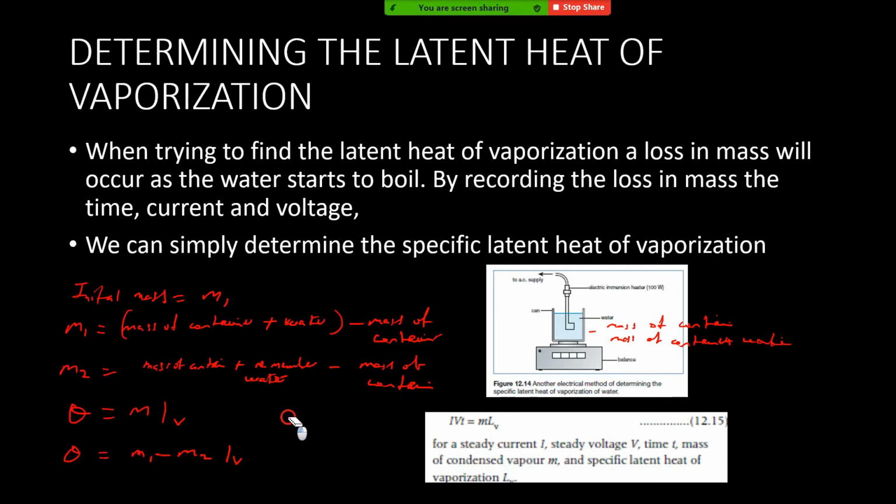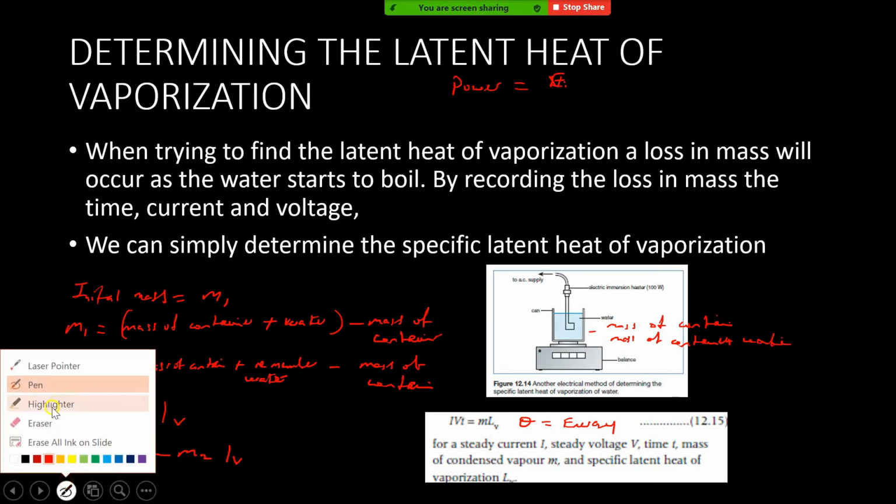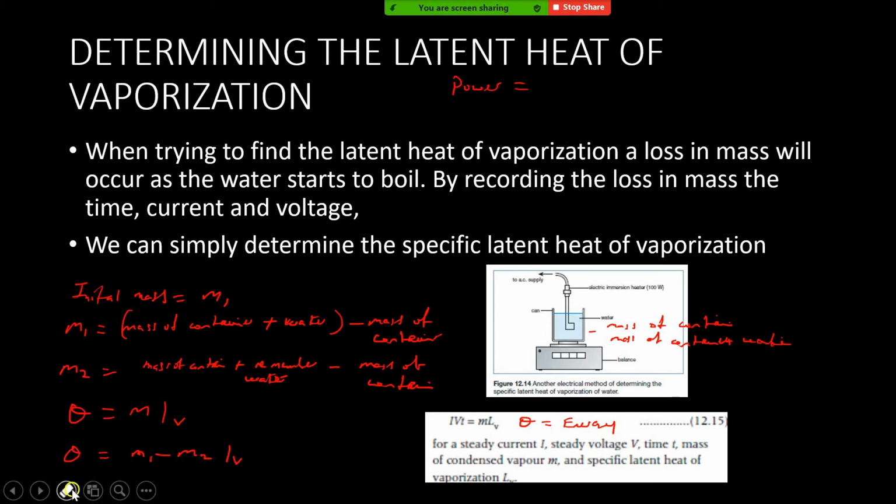Let me see. So just remember that Q is the energy, and that energy is equal to I times V times T. The whole reason for that is because we know that power is equal to energy over time.